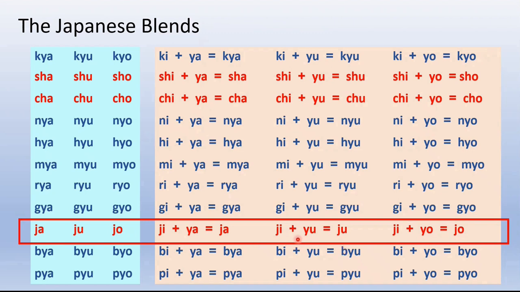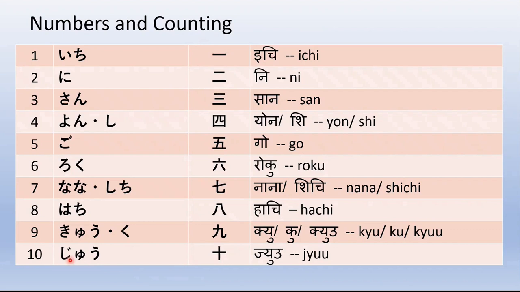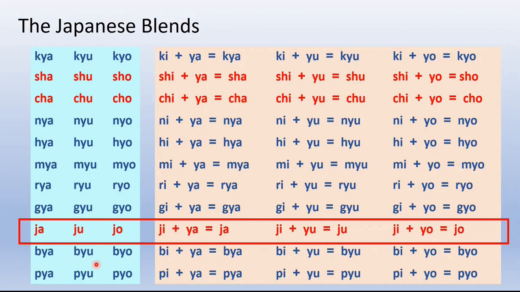So this ju, ji plus yu, we are using to represent the number 10. Although it's written as ju, the pronunciation will be juu, with an additional u. So this pronunciation needs to be noted here.